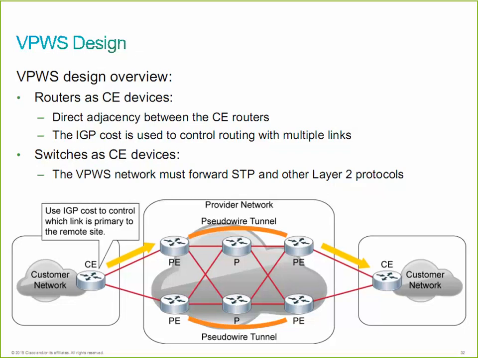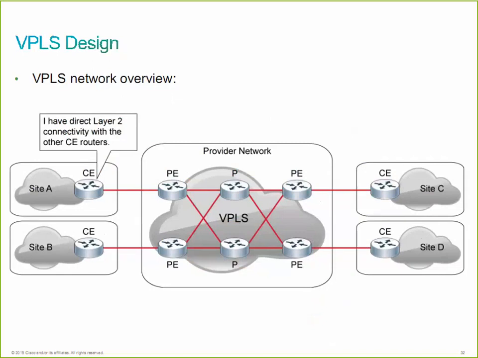In a VPLS design, remember, VPLS is a virtual private LAN solution or service. In a virtual private LAN service, we're emulating a LAN, a local area network communication across the MPLS backbone.